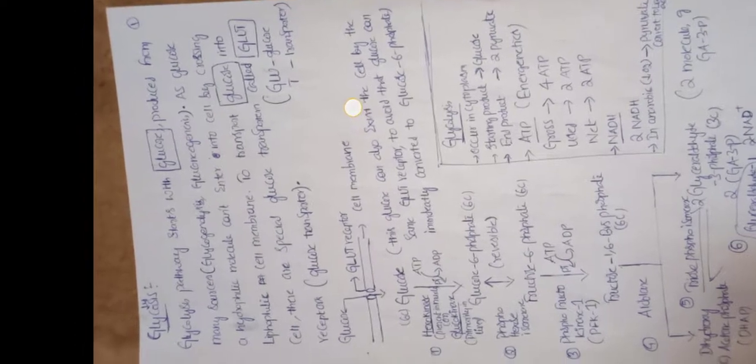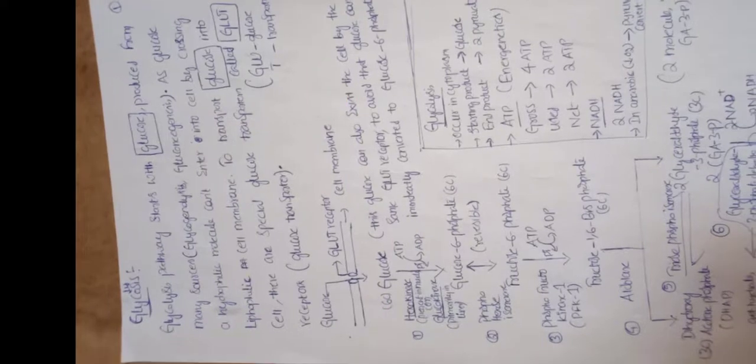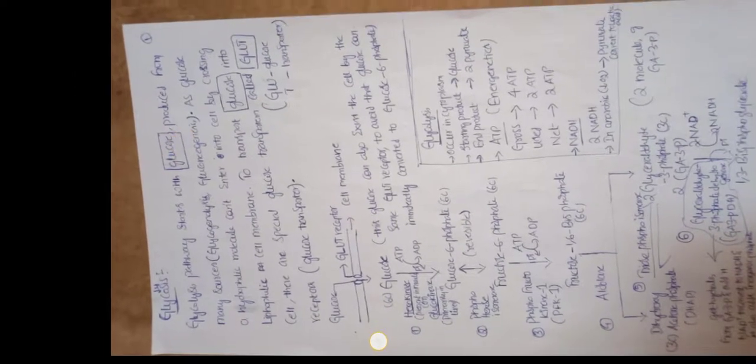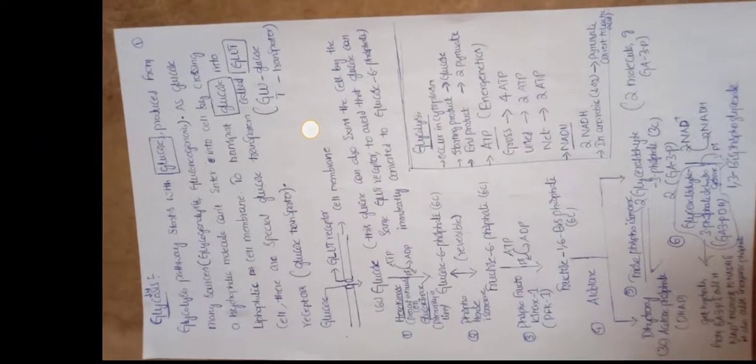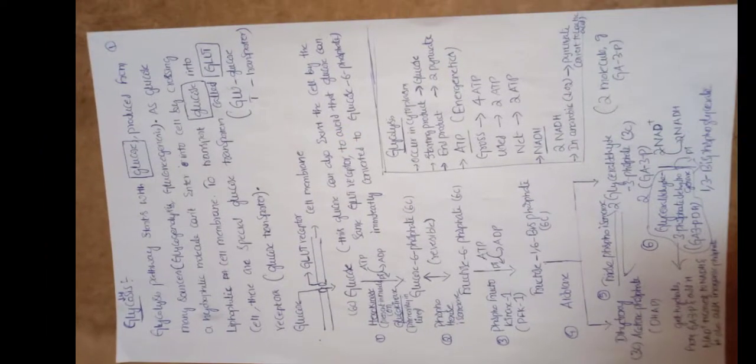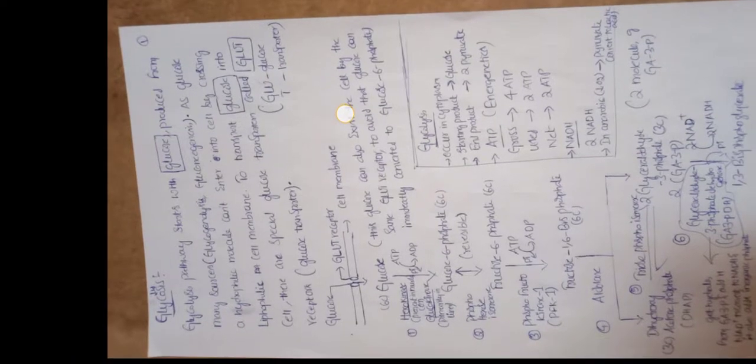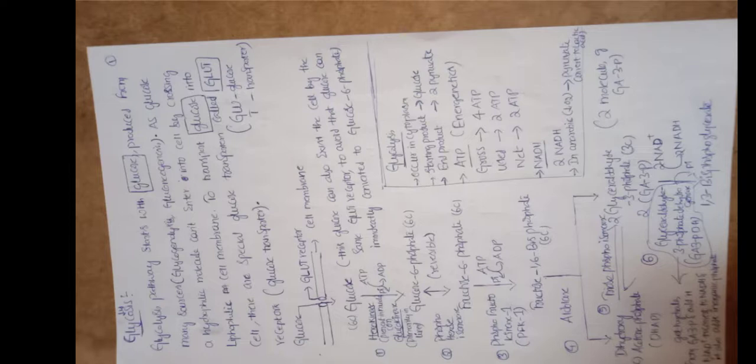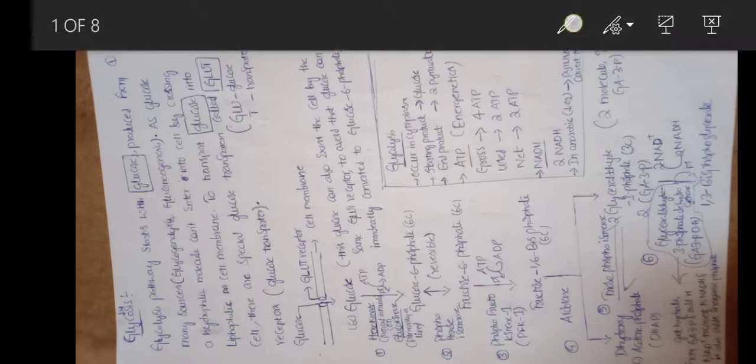As we know, the starting material for the glycolysis pathway is glucose. So how is this glucose produced? There are many pathways where glucose can be produced. One may be the glycogenolysis pathway, and another the gluconeogenesis pathway.